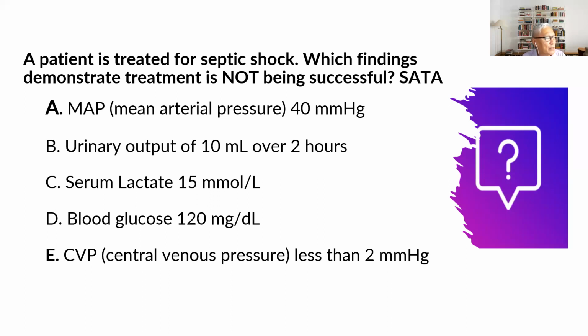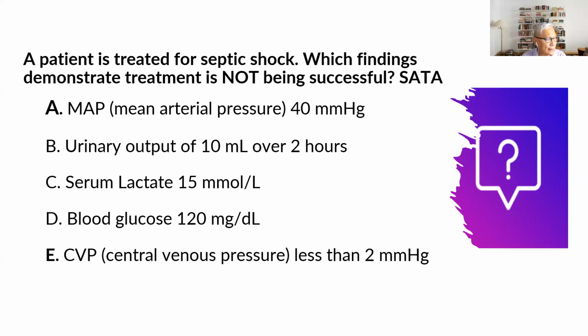How about a urine output of 10 over 2 hours? What is the normal urinary output for an adult? Well, we usually should have around 30 cc's per hour. And so over here, 10 mLs over 2 hours is going to be very bad. So that means to say that this is also a correct response.